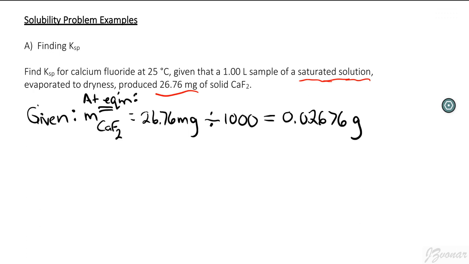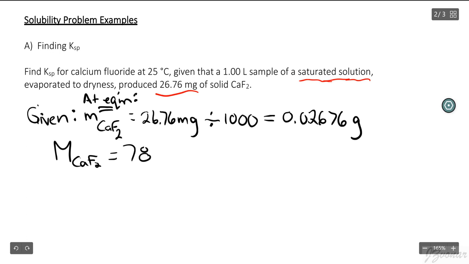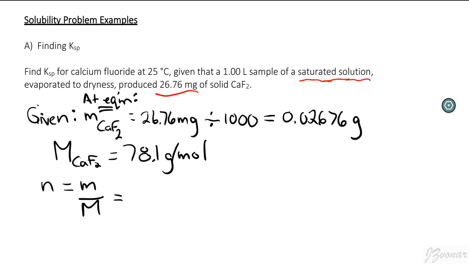So because we've got to find concentration, the other piece of information I'm going to need to know is the molar mass of calcium fluoride using my periodic table. I find that it's 78.1 grams per mole. Using this information, now I can find the number of moles, remembering that moles is equal to mass over molar mass. This is using some of our grade 11 information and prior knowledge.